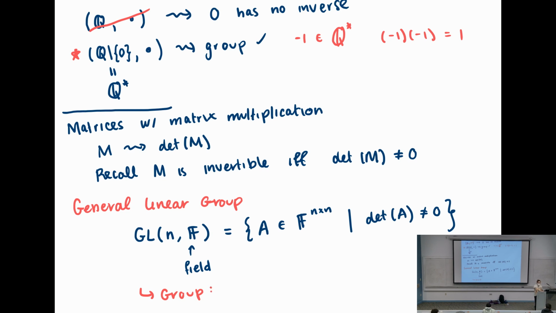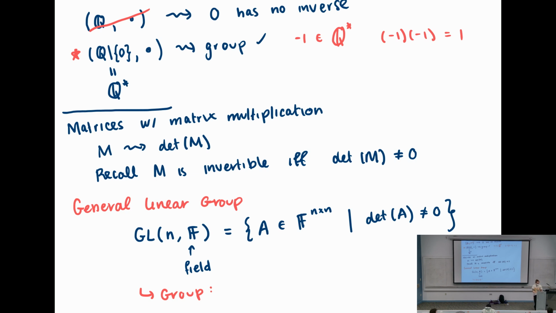So maybe we can talk through some of the axioms. We know that matrix multiplication is associative, and we also have an identity element, the identity matrix. If we multiply any matrix by the identity matrix, we get back the original matrix. And this determinant condition has guaranteed that we have inverses.